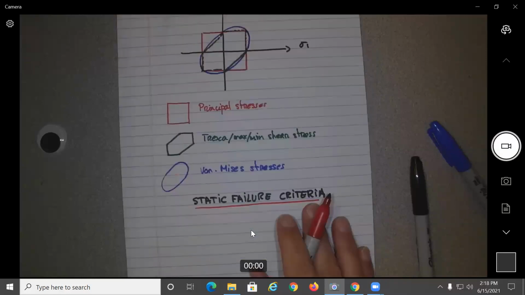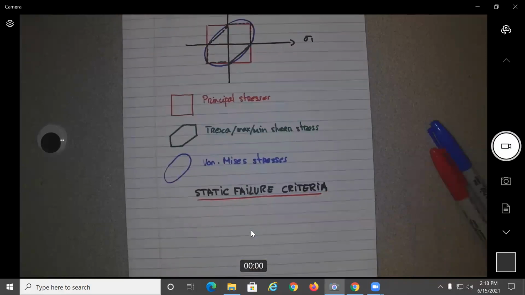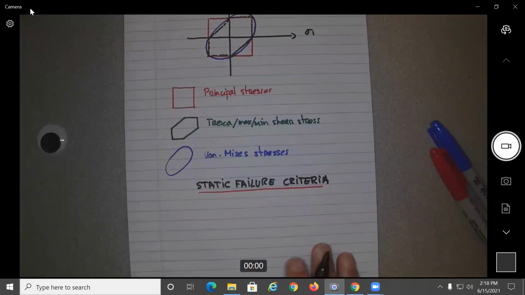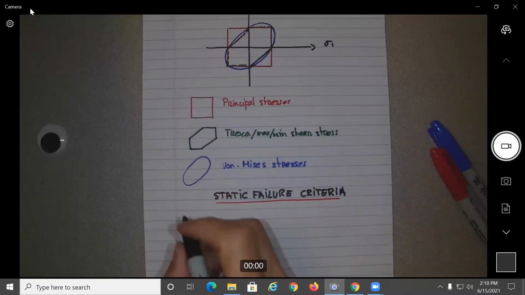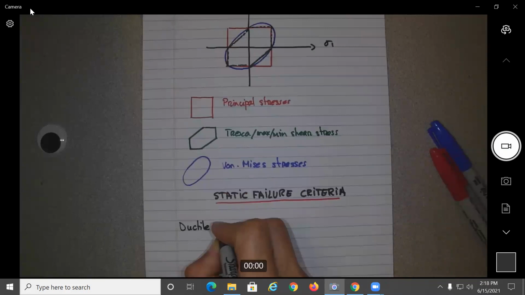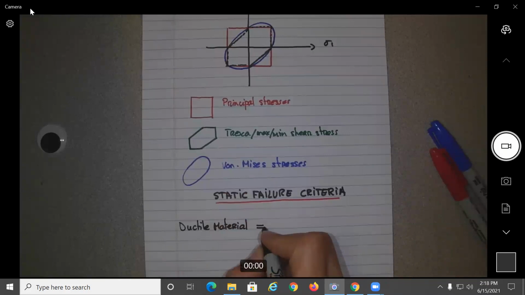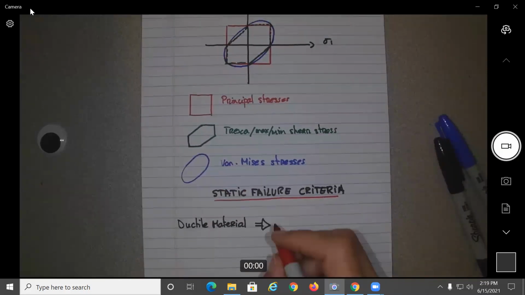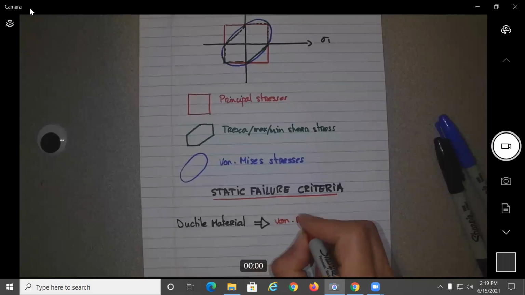Okay, something I just want to let you know, just remember this. This is more to remember than anything else. If you deal with ductile material, and this is the important part when you do any design, 99% of the people and 99% of the cases, you're going to use von Mises stresses.